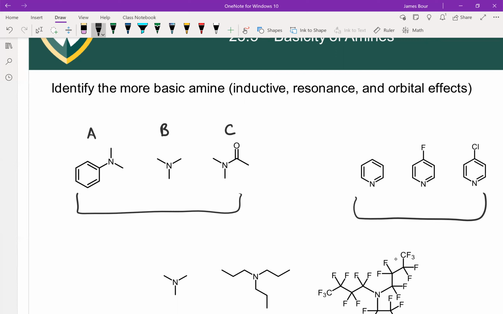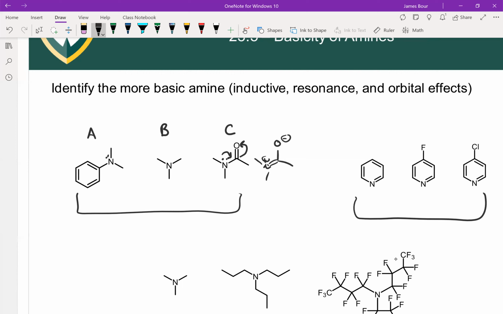Now, what we just learned up top is that resonance lowers basicity, that inductive withdrawing effects lower basicity. And so C has resonance. Remember, the most basic spot of an amide, like this, is the oxygen. And this resonance structure tells us that.